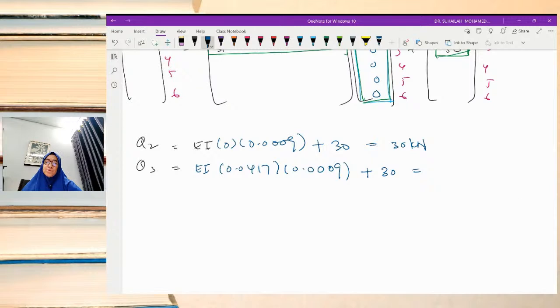But like this, we have to multiply back with the EI value. So what is the answer?